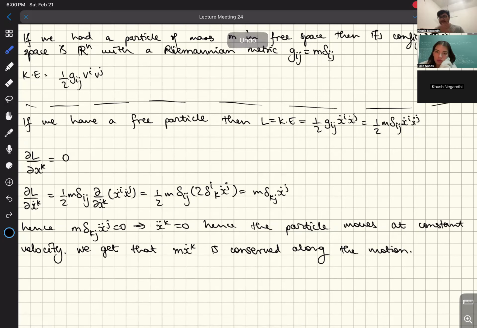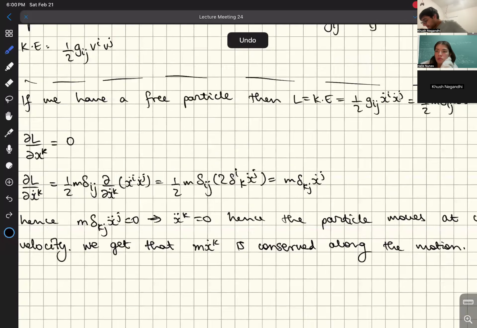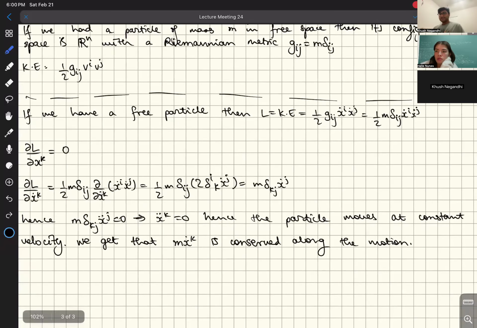And now setting j equals k, we get precisely this equation, right? And we remember we know what this is. This is linear momentum, and like from what we've seen in physics. This is linear momentum. So not only did we get an equation of motion, we also got a conserved quantity for free.